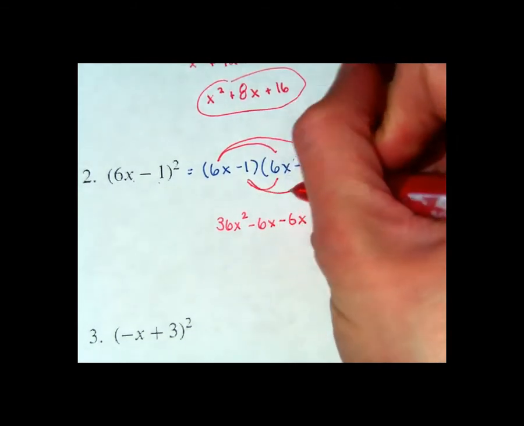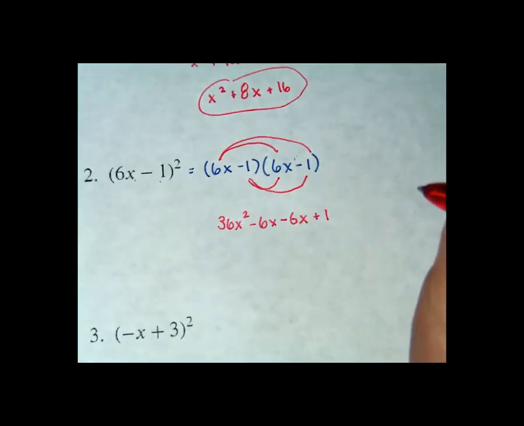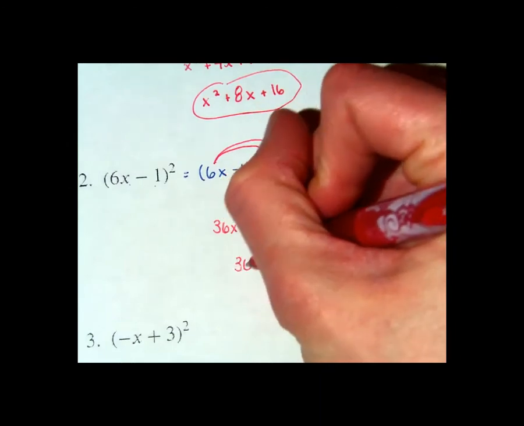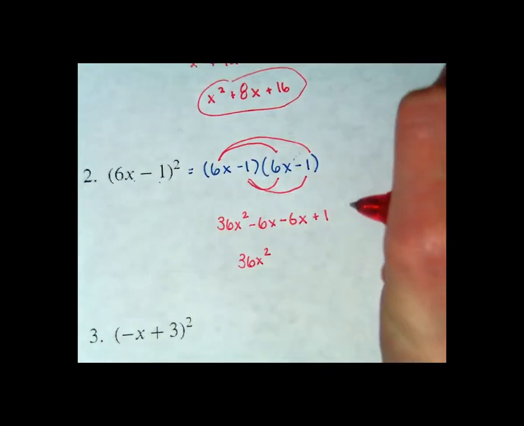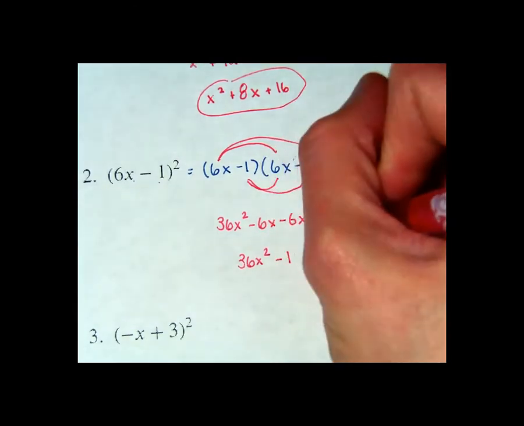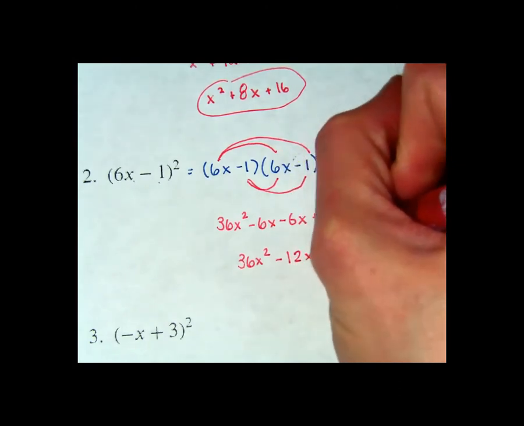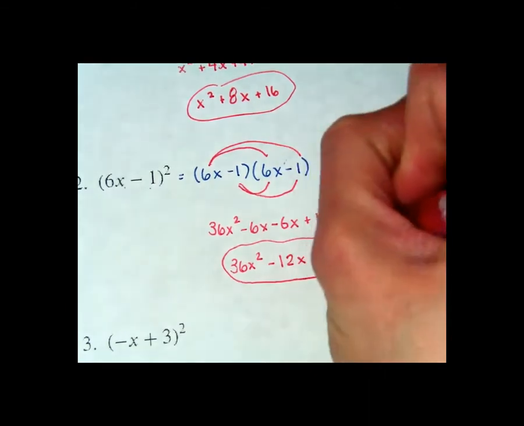Okay, and negative 1 times negative 1. Then what? So 36x squared, then what? Minus 12x plus 1. I want you guys to do 3 and 4.